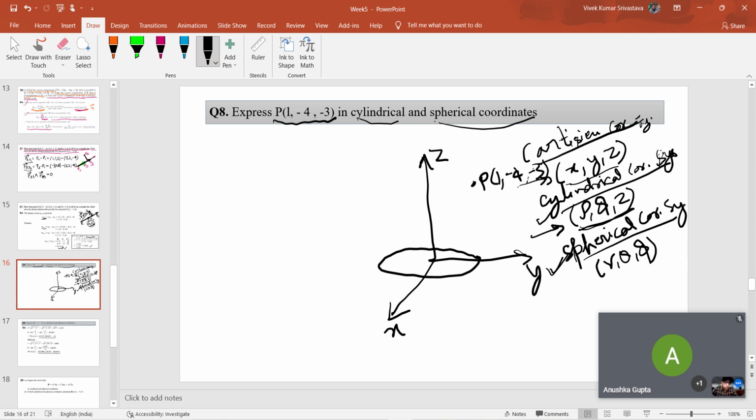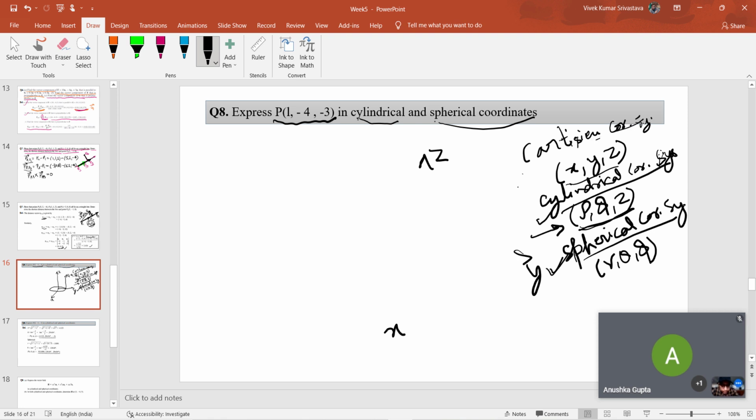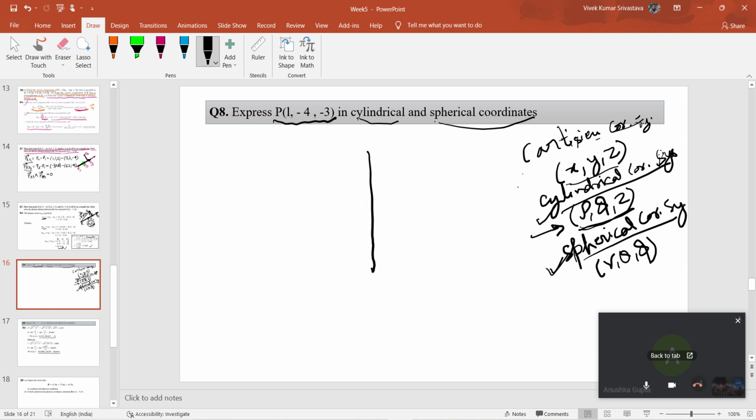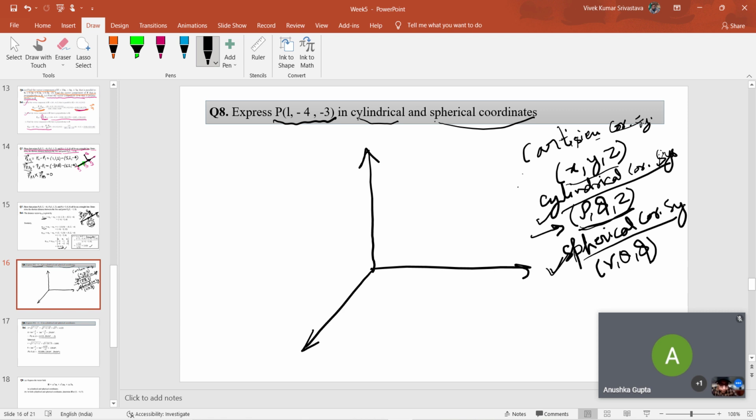So for determining the value of rho, phi, and z, what we will do, oh sorry, let me redraw this again here. So suppose this is the Cartesian coordinate system x, y, and z, and this represents the point p.